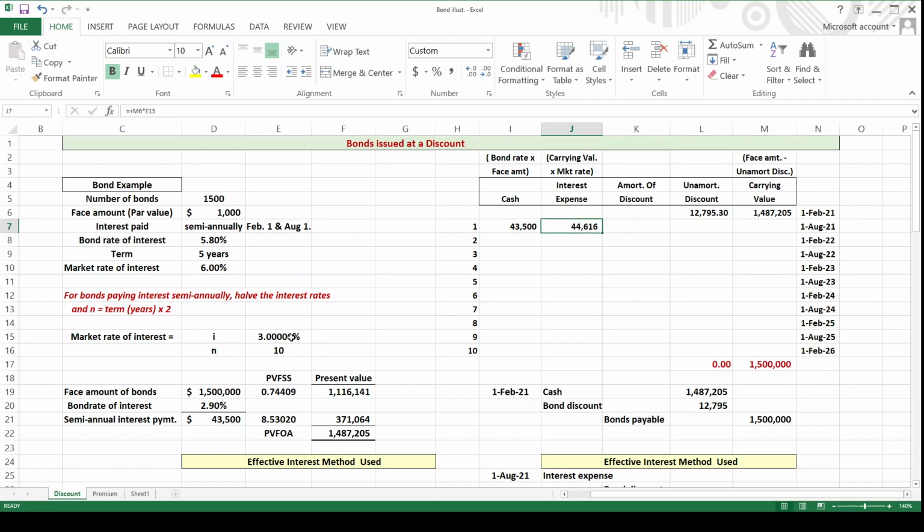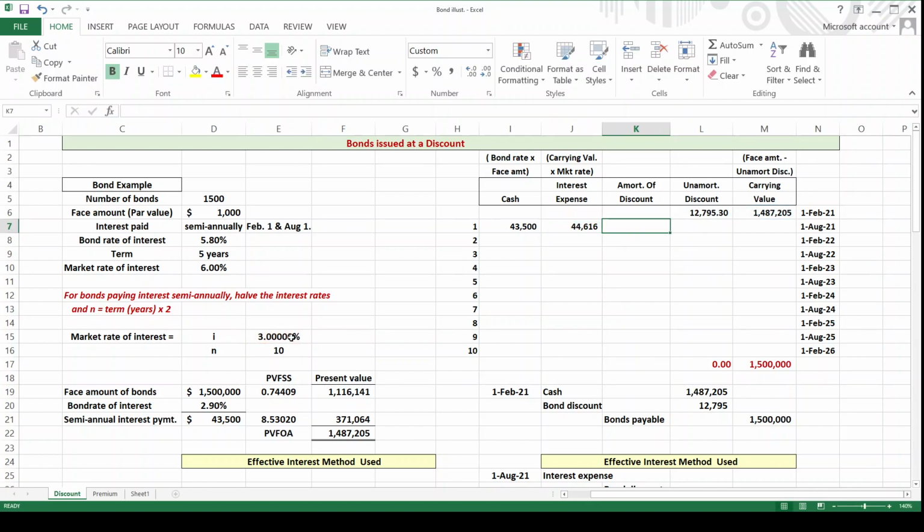Now I want to copy this down the page also, but I want to freeze it on row 15, which is where my interest rate is. So I'm going to put a little $ sign over here. How's that look? All right.